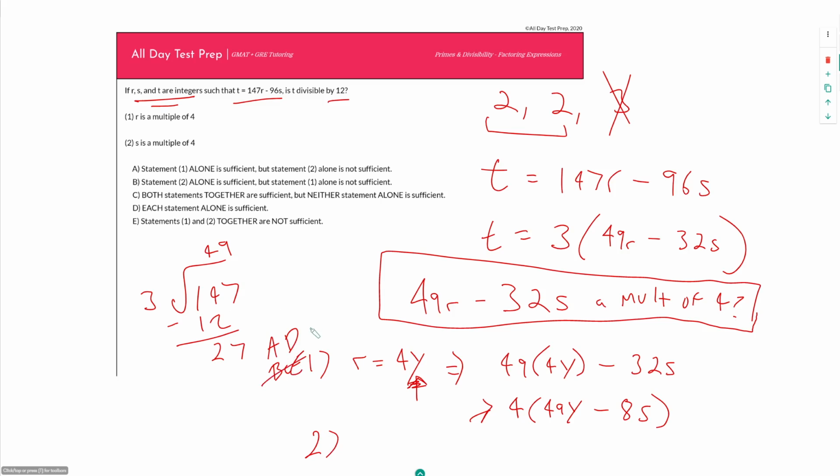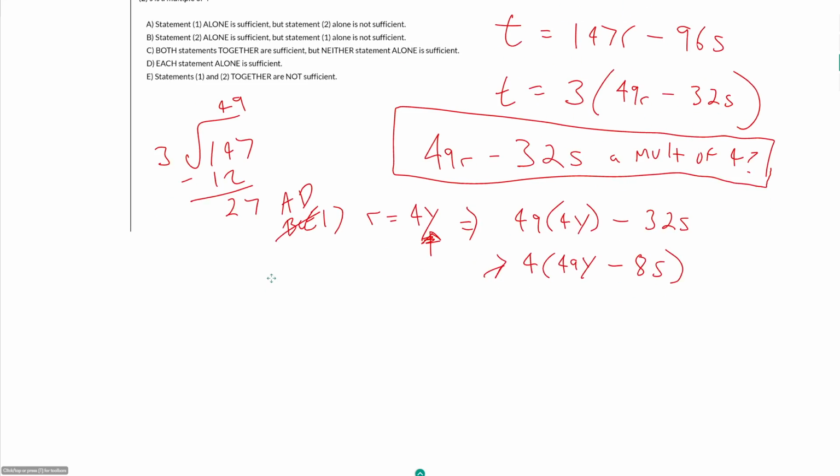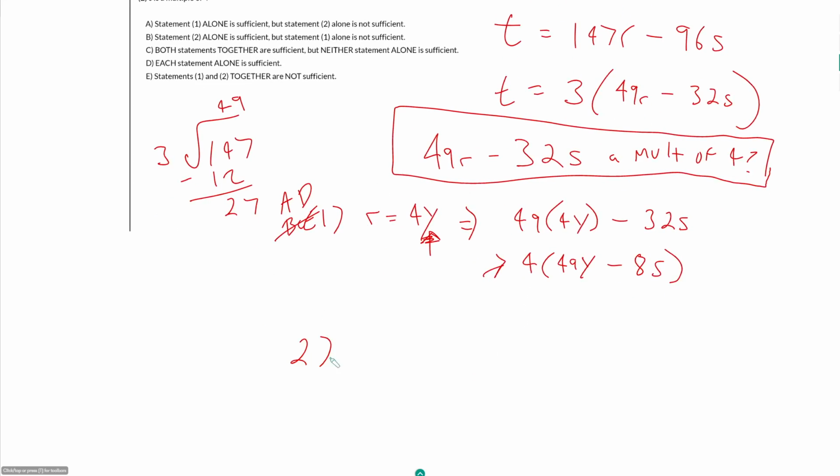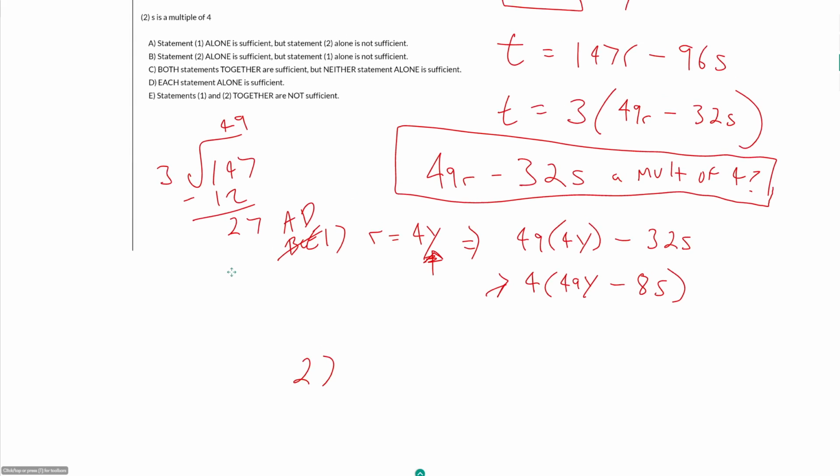Statement 2 says s is a multiple of 4. So statement 1 says r is a multiple of 4, and statement 2 says s is a multiple of 4. Don't assume that if r being a multiple of 4 is sufficient, then s being a multiple of 4 must also be sufficient. I don't think that logic is necessarily solid, although it might not be bad if you have 5 seconds left and have to guess.